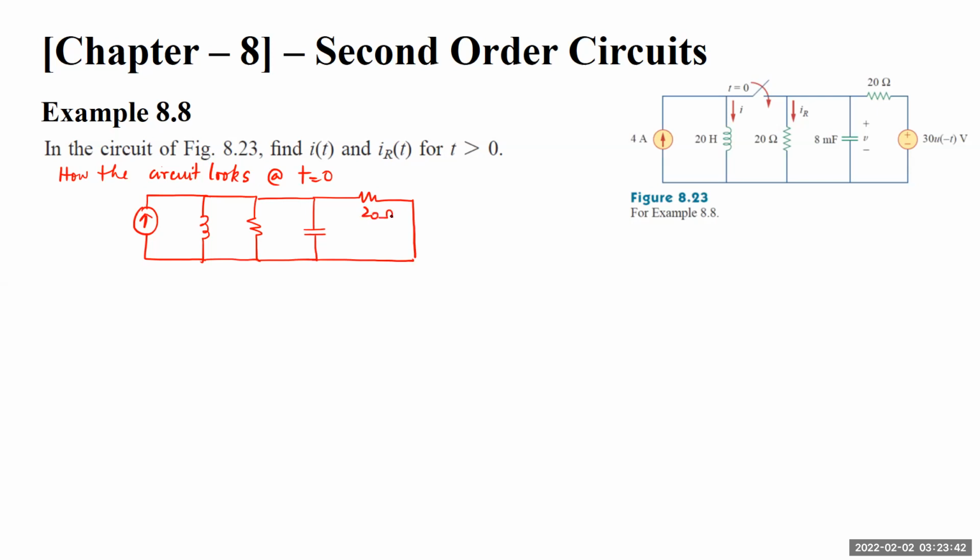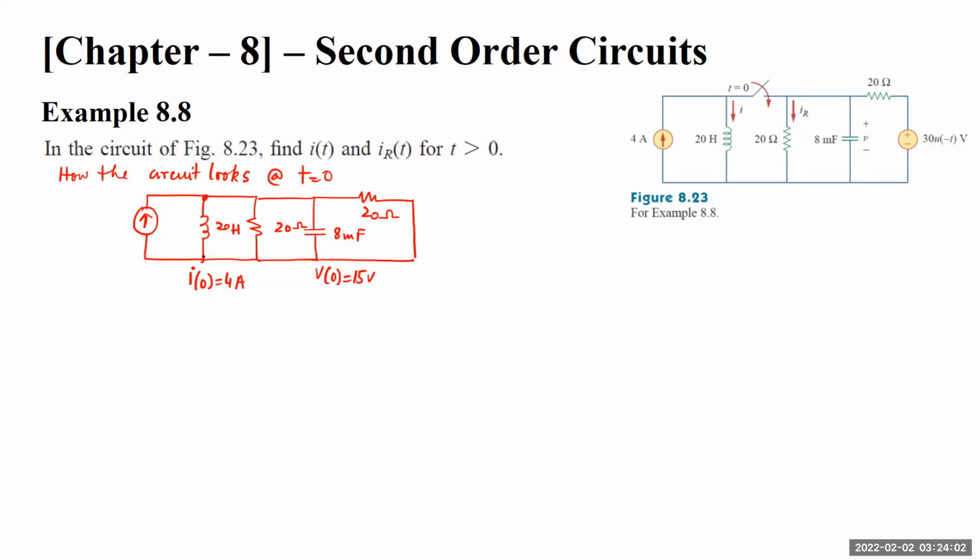So this is 20 ohms, this is 8 millifarads, this is again 20 ohms, and this is 20 Henry. This has I0 as 4 amperes, and this has V0 as 15 volts.